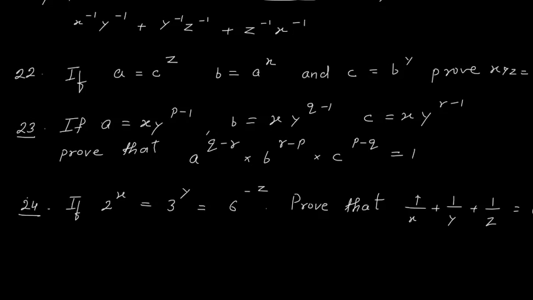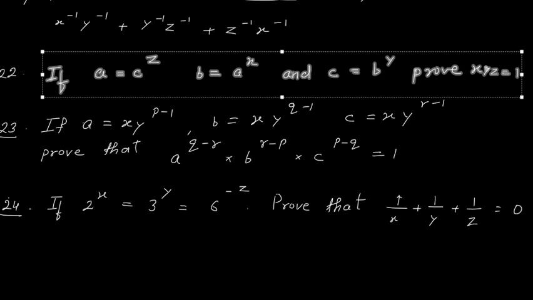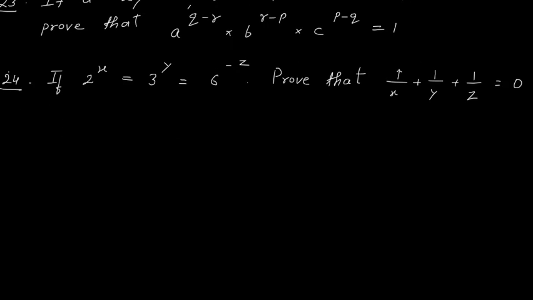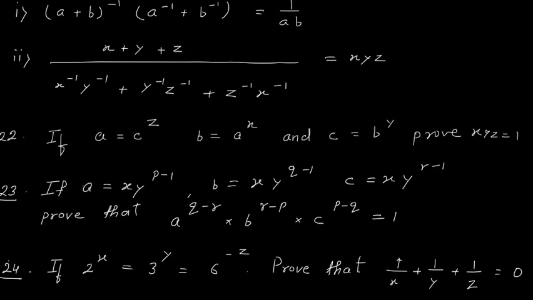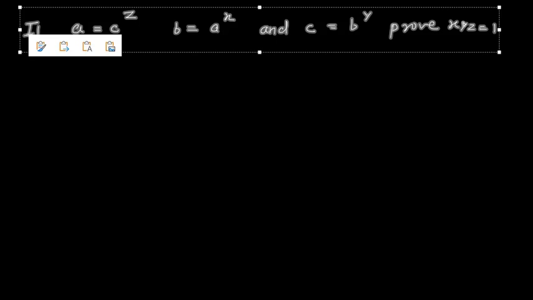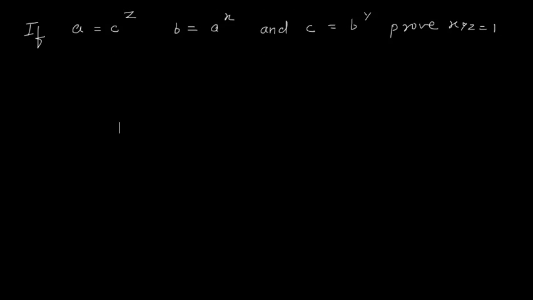Okay, so here we have to prove that if a is equal to c power z, b equal to a power x and c is equal to b power y, then we have to prove that xyz is equal to 1. This is our 22nd question.